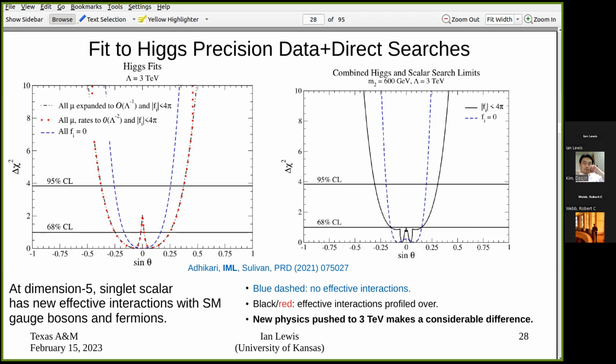The reason you get really strange structures is that when you look at all these measurements, WW, ZZ, di-Higgs, there are always little fluctuations, and with all these additional couplings, I can fit the fluctuations and change what the bounds are quite a bit. Again, the sine theta bounds change quite a bit. Some other masses look even stranger. But even new physics pushed up to 3 TeV makes a considerable difference. So this is just something to keep in the back of our minds: how well these things can actually be constrained, and how far out we actually think the new physics is.